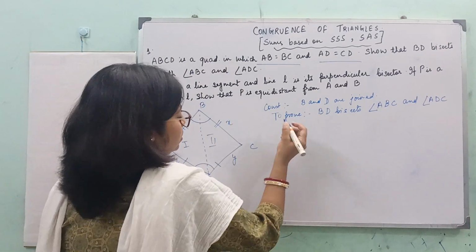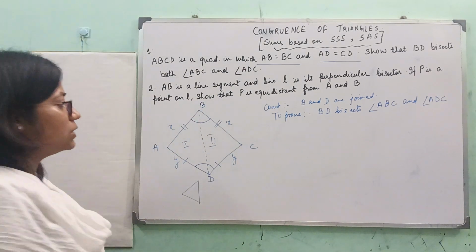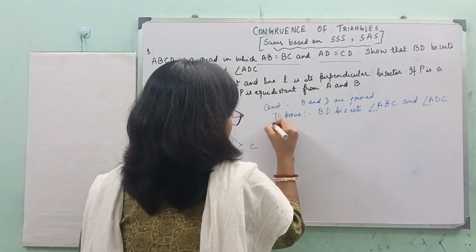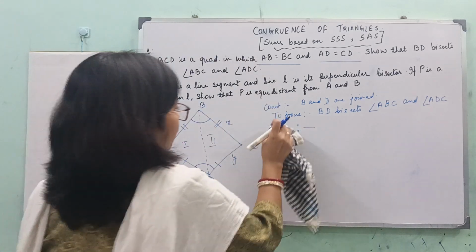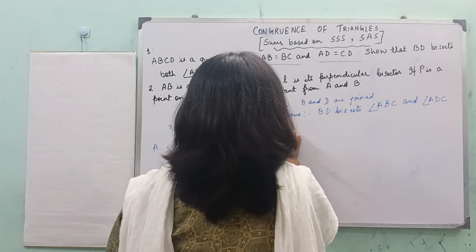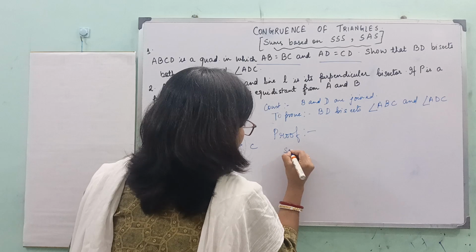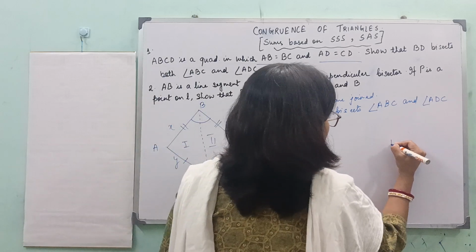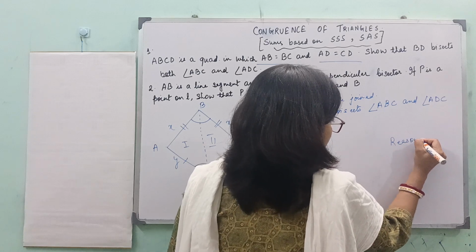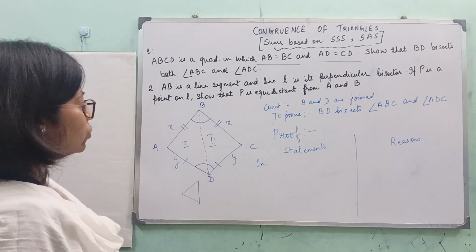Once you start to prove, the proof happens in this way. You have the statements this side and the reasons this side. What are the two triangles that you're going to choose?